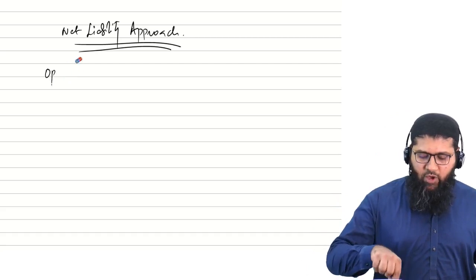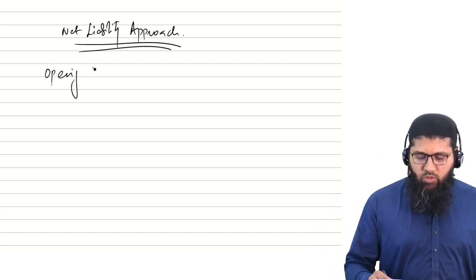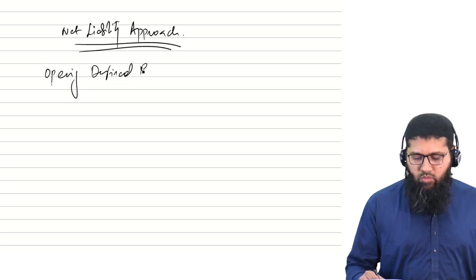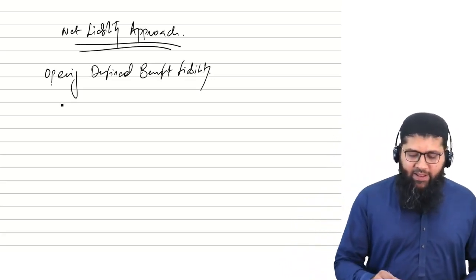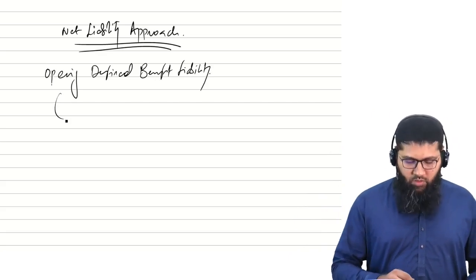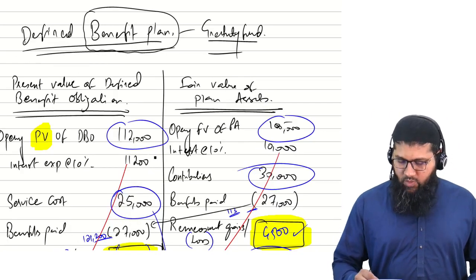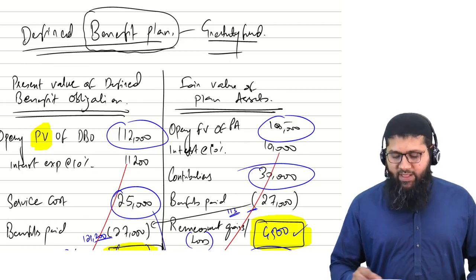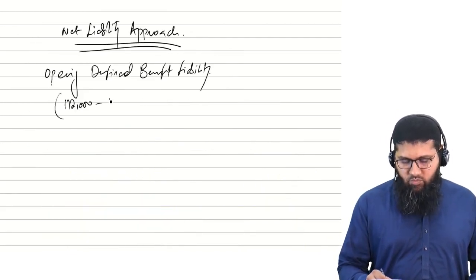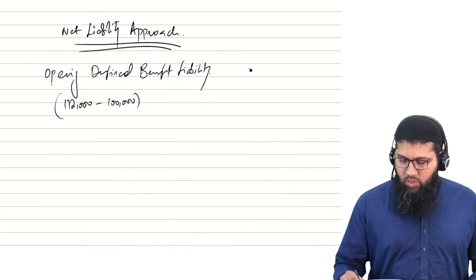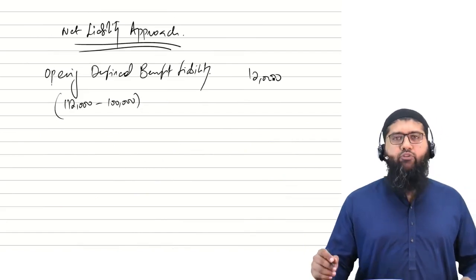So what are you going to do? There's an opening defined benefit liability. We knew it was 112 minus 100, so it's actually 12,000.